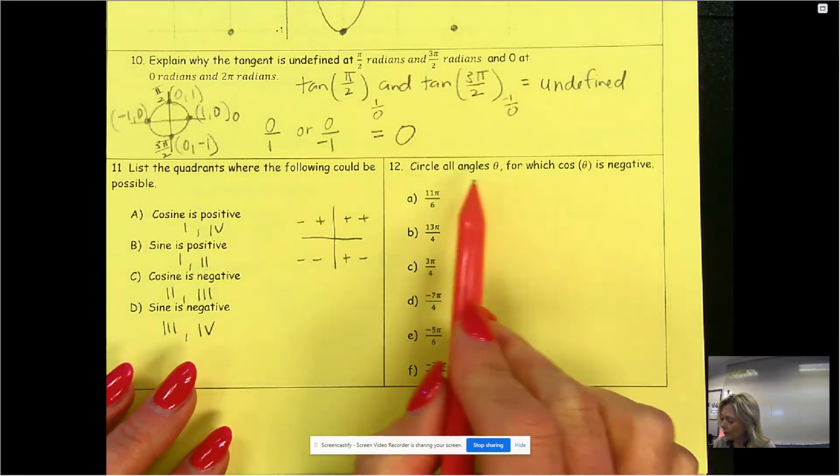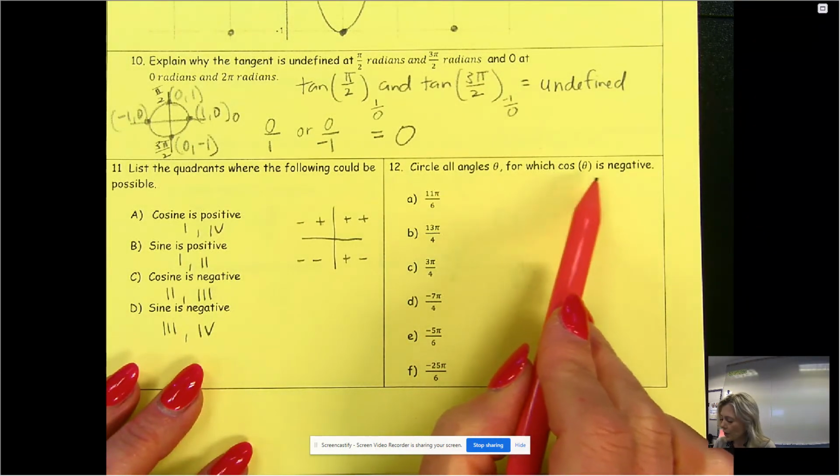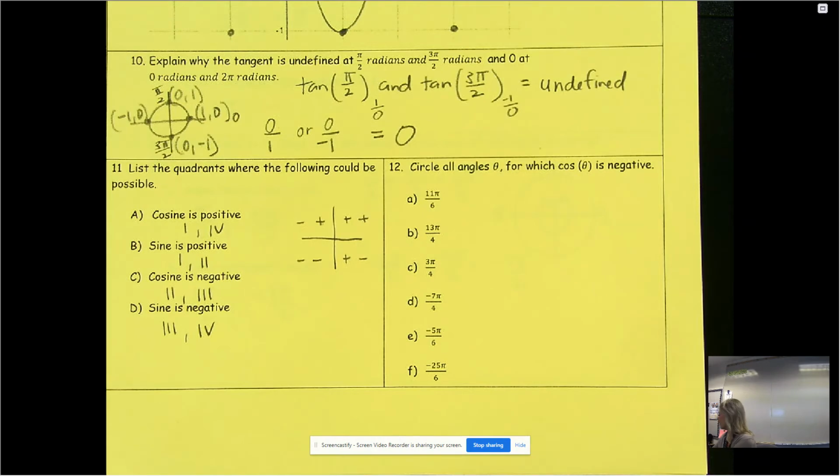So, all the angles for which the cosine of theta is negative, grab my little circle.